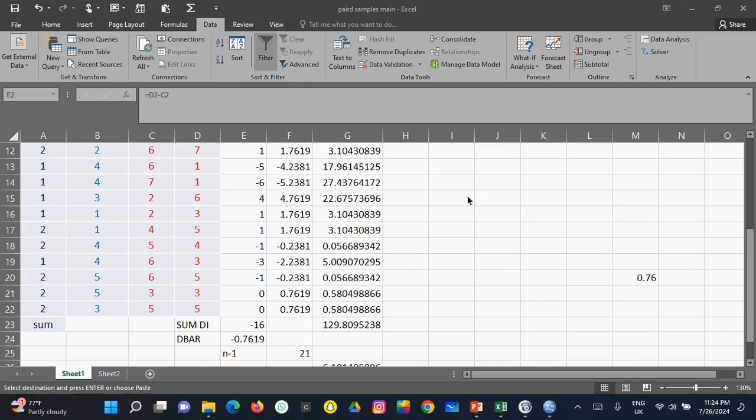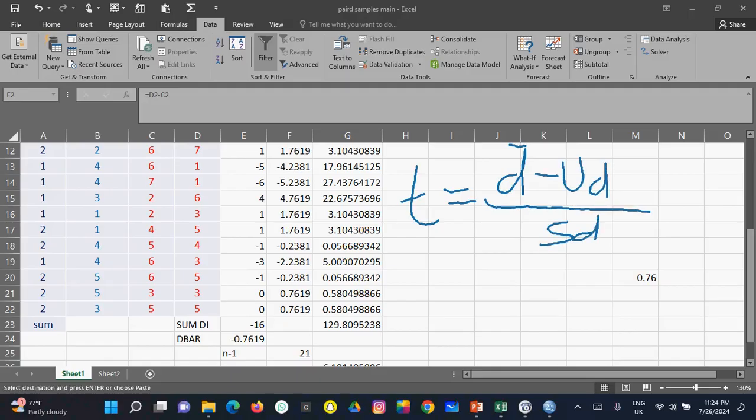So now let's run everything. Then after that, remember the formula is equal to d bar minus mu d all over s d over root of n, where SD is the standard deviation and root of n is the root of the sample size.